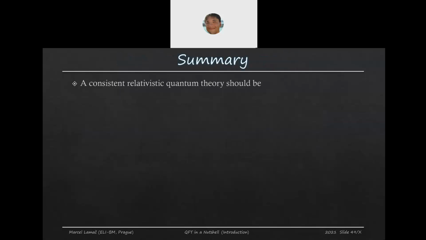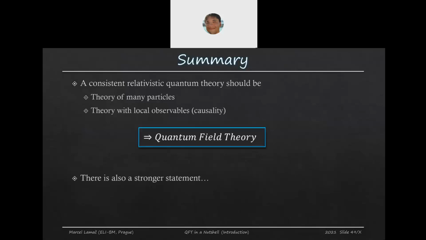So this sort of implies that a consistent relativistic quantum theory should be a theory of many particles and a theory with local observables. This is, of course, related to causality. And as we know, since field theories have the notion of locality and the notion of an infinite number of degrees of freedom, they seem to be natural for the construction of relativistic quantum theory.